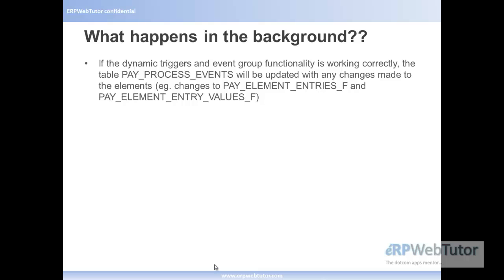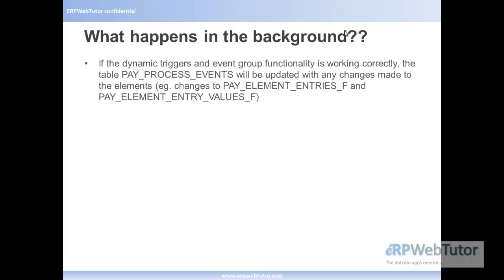Now, which tables are those? The tables that are being considered for the trigger actions are the pay element entries F. So you make a salary change, you make somebody's allowance change retroactively. So what is going to change? If you do a correction, the pay element entry values F, the screen entry value is going to change.